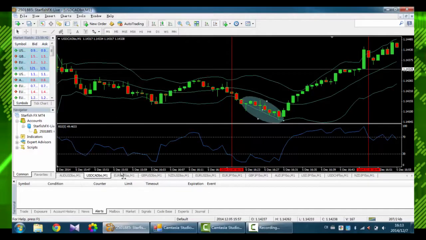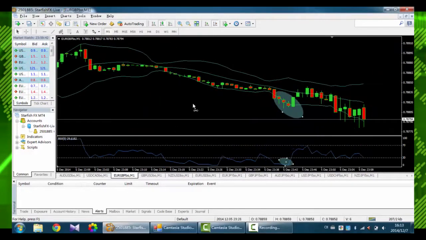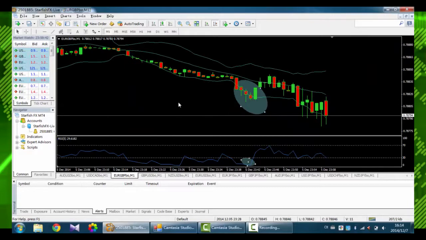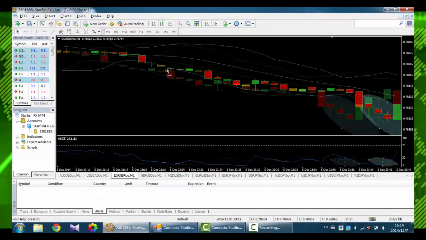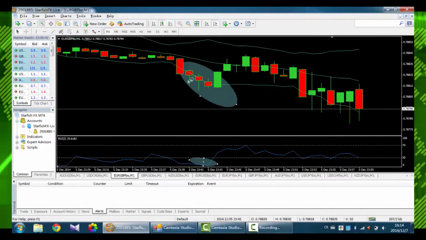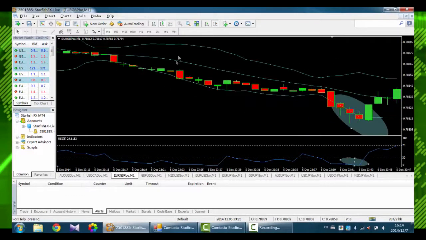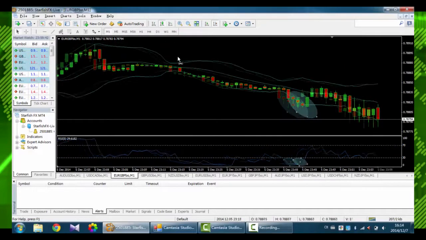Next let us look at this part. Do not chase here because you might see this hammer here. This hammer here is not a good time for you to go in. Why? Because let's see the Bollinger season again.